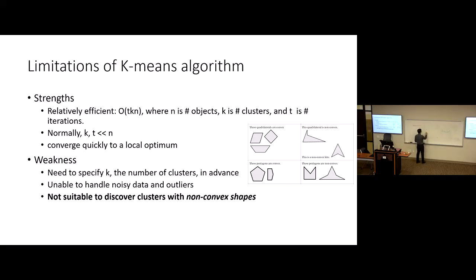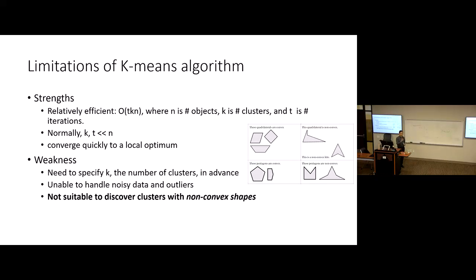If you have this cluster, well, this cluster is... so k-means gets confused, seeing whether a center should be here, so then you have this center, this center. It's not going to give you this more intuitive solution, something like that. So this is one weakness.